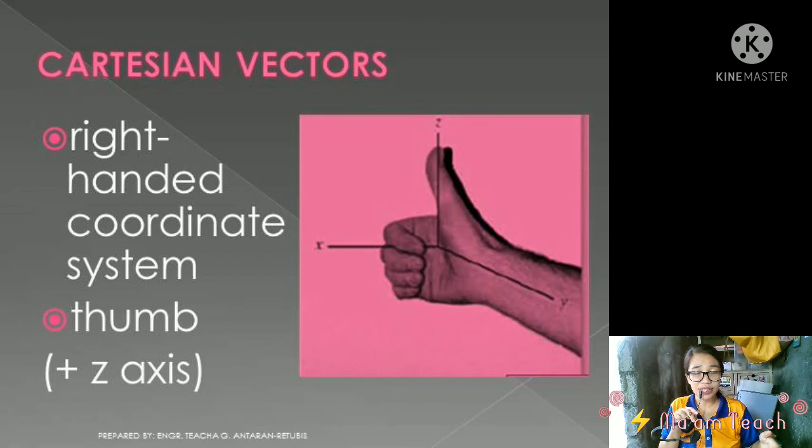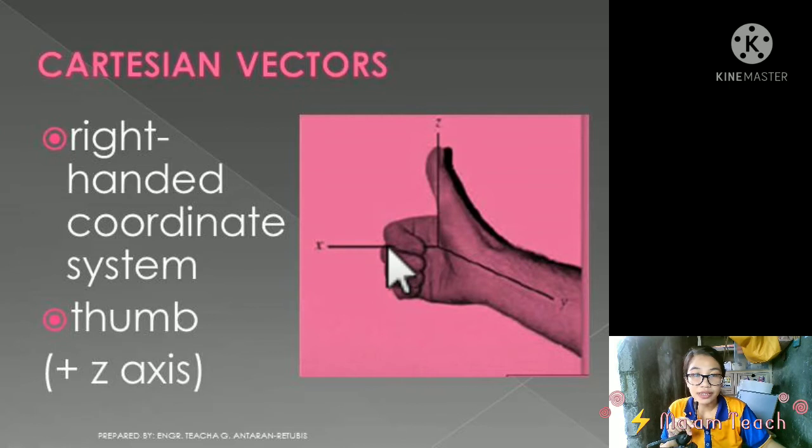Just like what you can see in the picture, we have a right hand where your thumb represents your positive z-axis, while the remaining four fingers, the pointer, the middle finger, the ring finger, and the pinky, as you curl them, the direction is from the x to the y-axis.